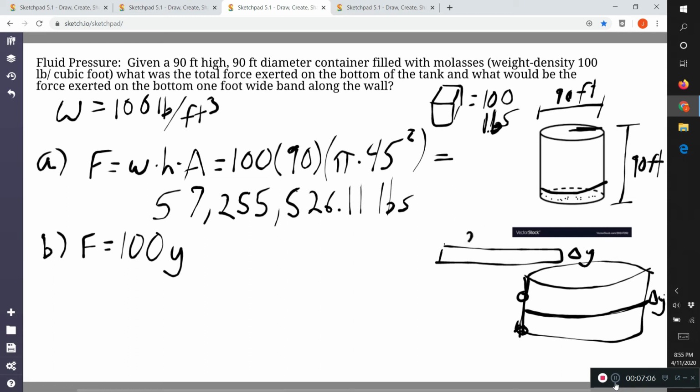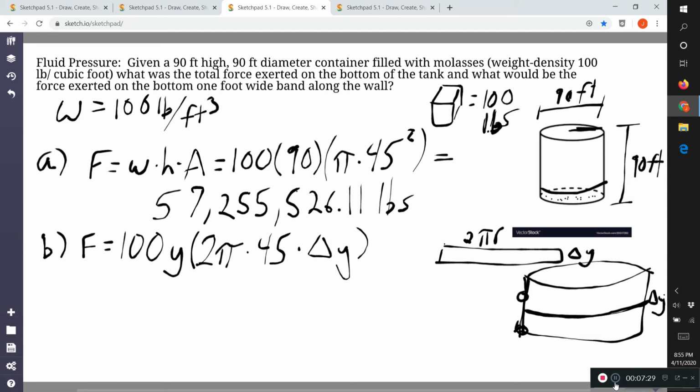So it would be 2 pi r. And we know r to be 45. So the area of each individual section of that band is 2 times pi times 45 times delta y. Length times width of that band.